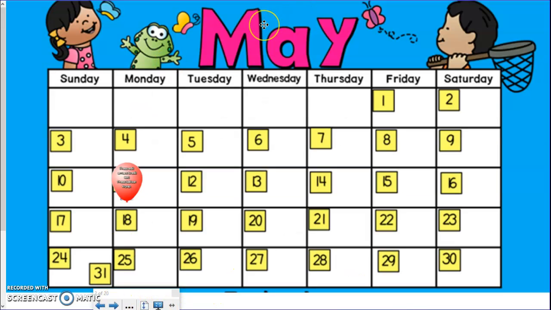Awesome. So we did say that we are in the month of May, and right here is the number of the day today. So we know our number is underneath of our balloon. It is 1 more than 10, and it's 1 less than 12. So our number is 11. Very good.